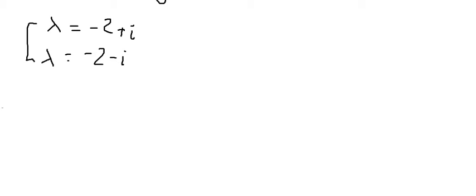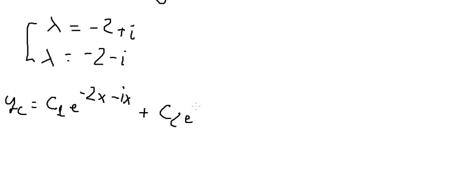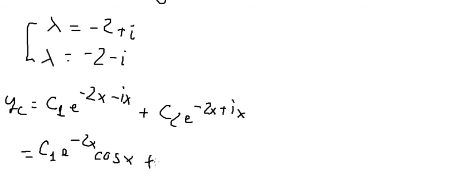So yc equals c1, constant 1, e to the power of negative 2s minus i s, plus c2 e to the power of negative 2s plus i s, or you can write it like this: c1 e to the power of negative 2s cosine s plus c2 e to the power of negative 2s sine s.